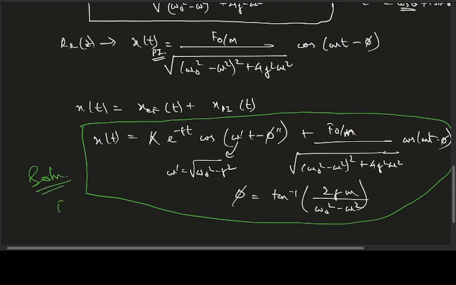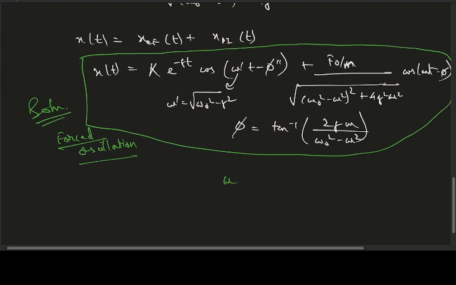So this makes up the whole solution for forced oscillation. Now this is just the solution. There are a lot of cases where we will compare this omega with omega naught, like omega is much greater than omega naught, or omega is comparable to omega naught, or omega is much less than omega naught. These are very different cases, and you can see different responses in phi, and also different responses in your x of t.